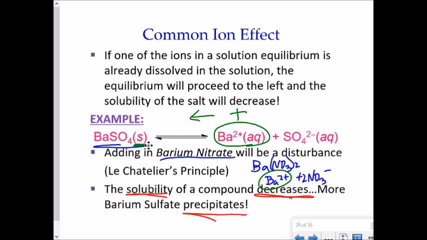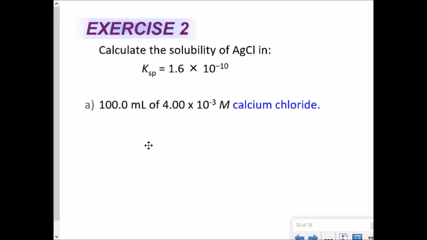So let's look at problems here with that. How's that going to look in terms of a problem? So I have silver chloride already at its saturation point. It's in there, it's already saturated, ready to go. I dissolved my 1.3 times 10 to the minus 5 molar in there, right?